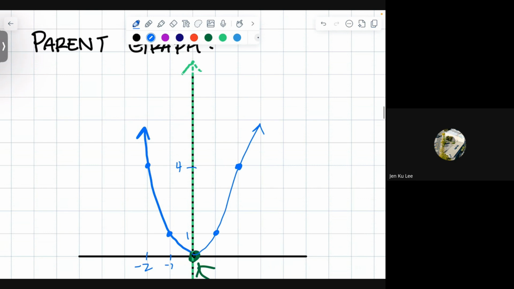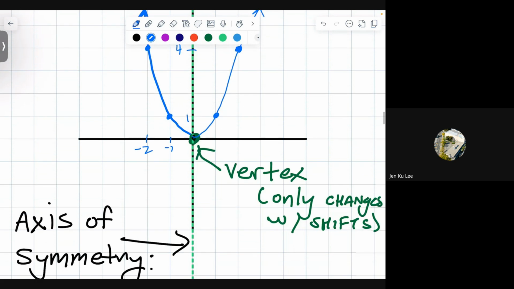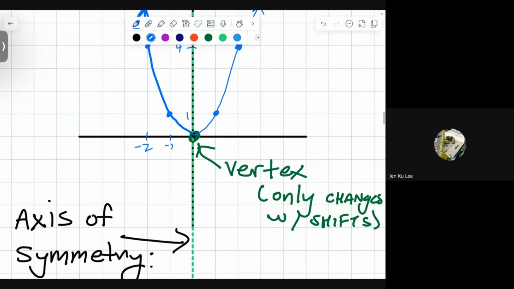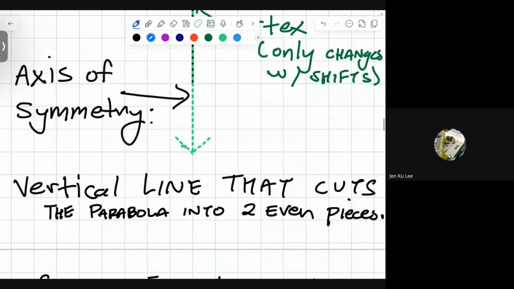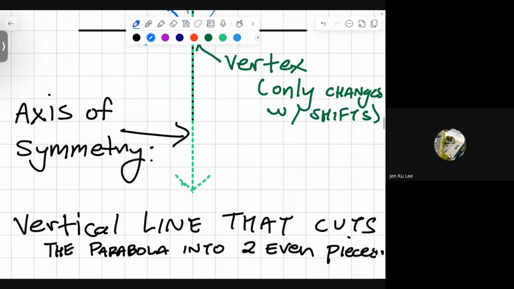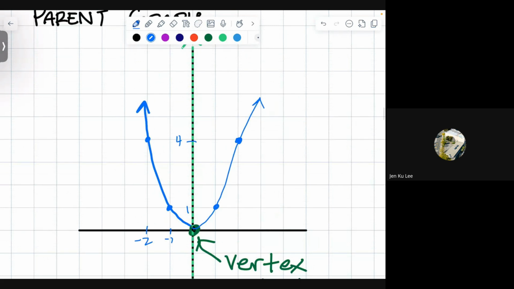Do you see this green dotted line through your y-axis? That is called your axis of symmetry. The axis of symmetry is the vertical line that cuts the parabola into 2 even pieces. You can see that this green vertical dotted line, the y-axis, acts like a mirror in terms of your parabola.